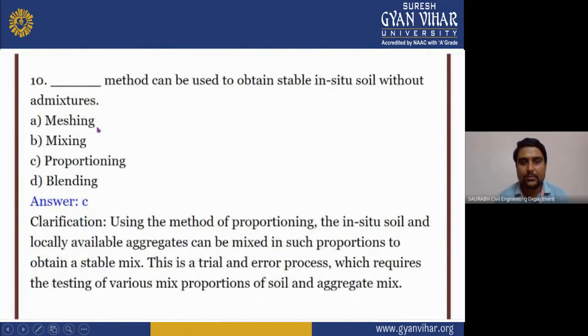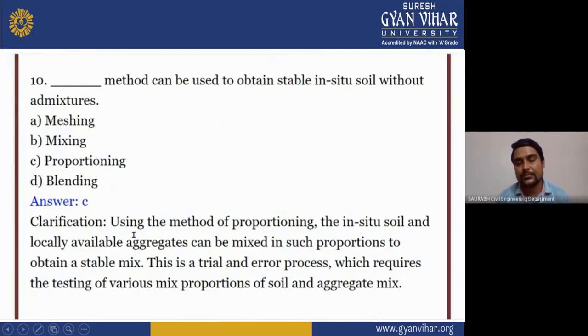Which method can be used to obtain stable mix without an admixture? Meshing, mixing, proportioning, and blending. Here the right answer is C, which is proportioning.